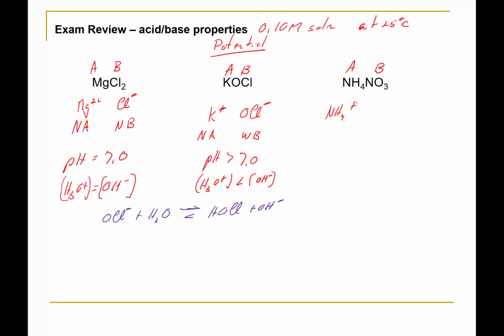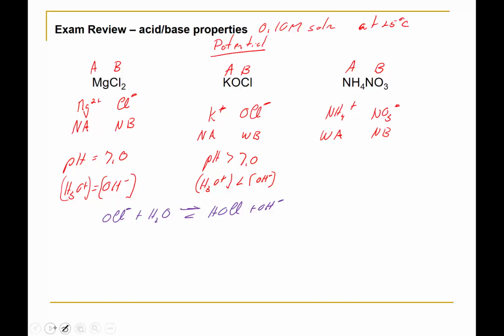The ammonium ion is a classic example of something that is a weak acid. On the other side, we have nitrate. Nitrate is the conjugate base of nitric acid. Nitric acid is a strong acid. Therefore, this would be an example of a negligible base.